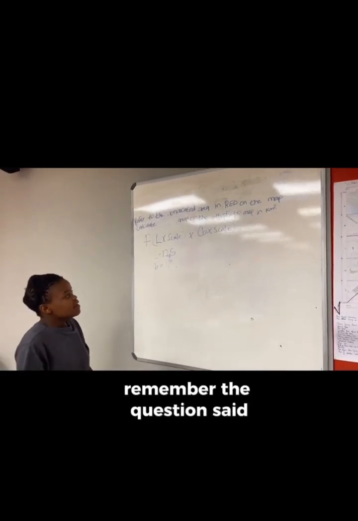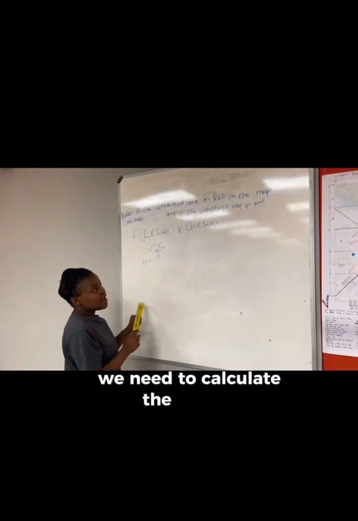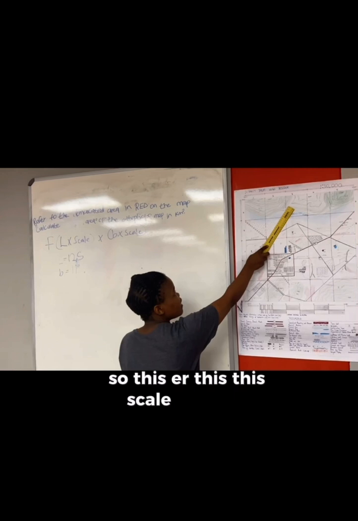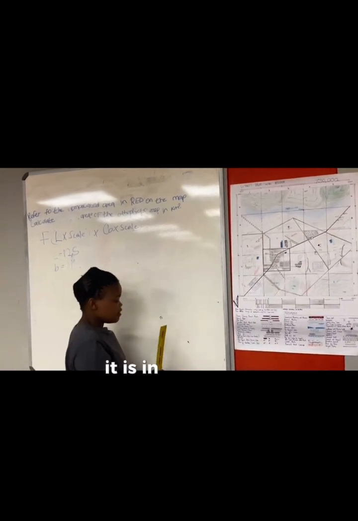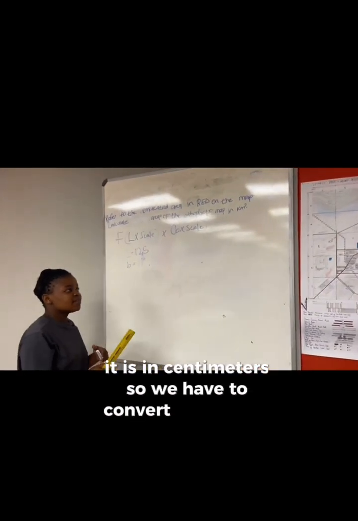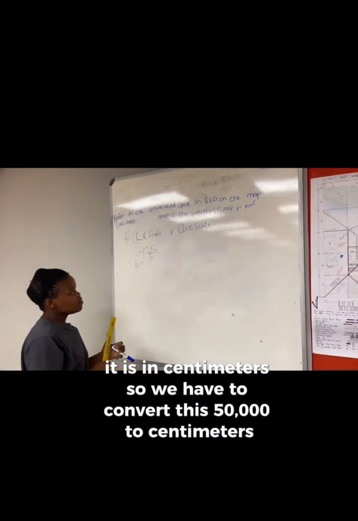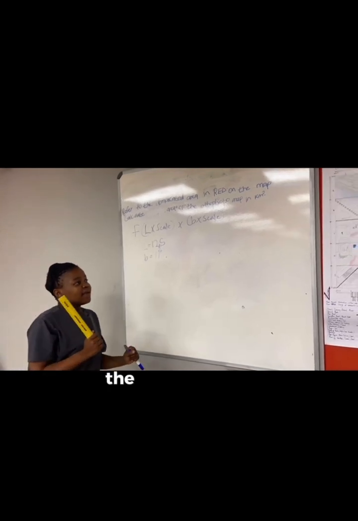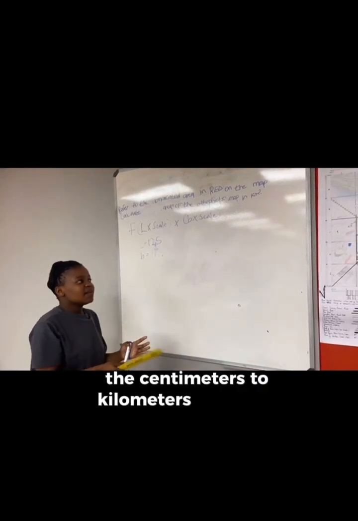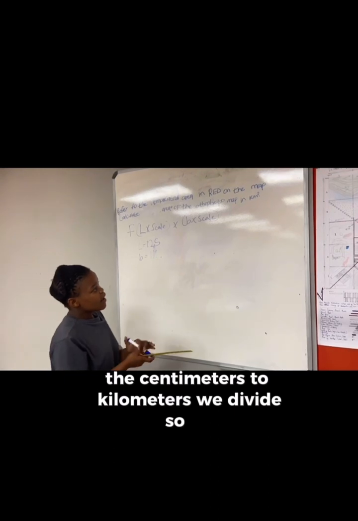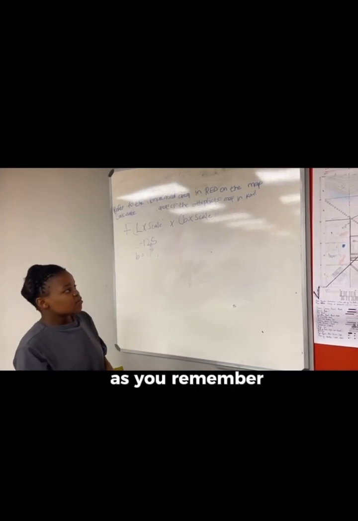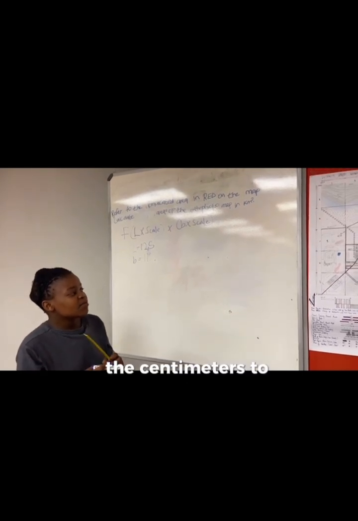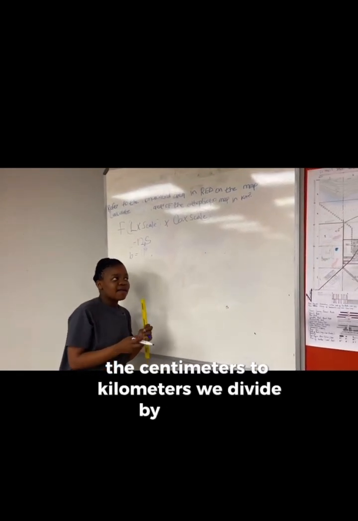Remember the question said we need to calculate the area in kilometers squared. So this scale is not in kilometers, it is in centimeters. So we have to convert this 50,000 to centimeters. When you are converting centimeters to kilometers, we divide by 100,000.